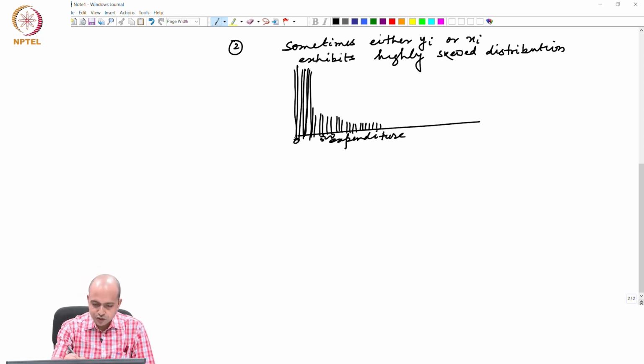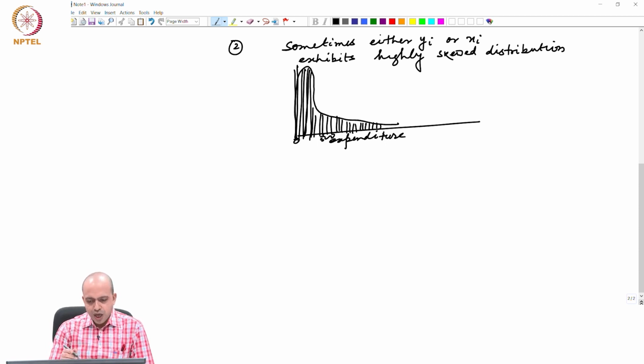So, that means your distribution is like this. This data is left skewed, and for our estimates to be unbiased and efficient, what we want is that they should exhibit some kind of normal distribution.